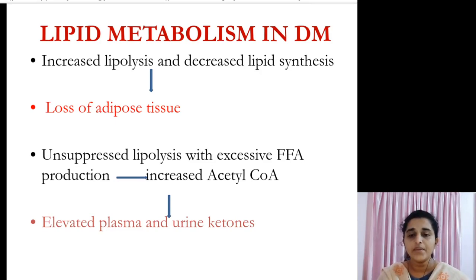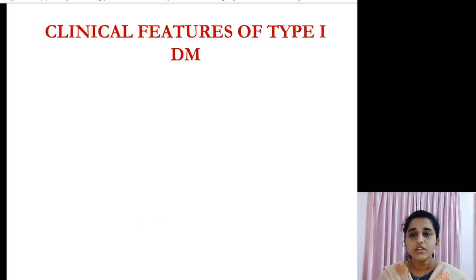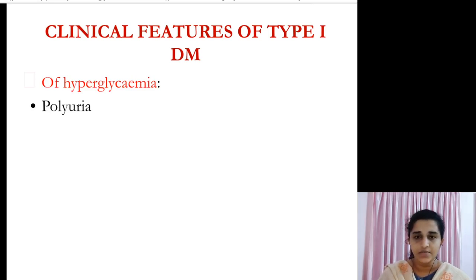What happens is unsuppressed lipolysis, or increased breakdown of fat for energy, that leads to excessive free fatty acid production and increased acetyl CoA, and it leads to elevated plasma and urine ketones and diabetic ketoacidosis.